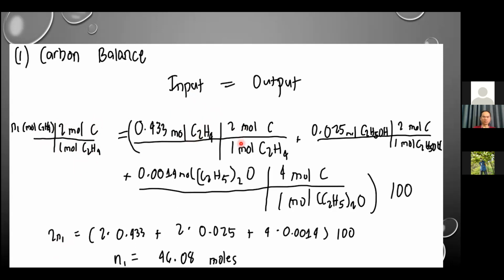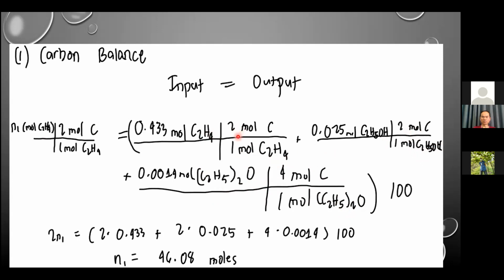We must count how many carbons are in each compound. There are 2 moles of carbon in 1 mole of C2H4, 2 moles of carbon in 1 mole of C2H5OH, ethanol, and 4 moles of carbon in 1 mole of ether. These are all in the output.